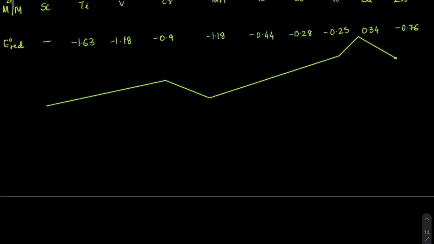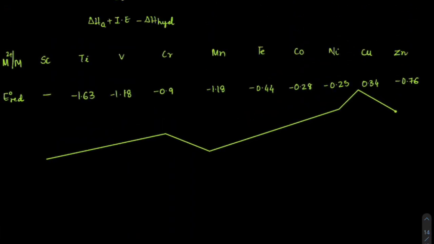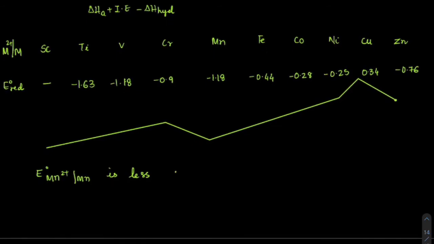First, let us discuss the manganese part, right? So you can see why manganese is happening. Mn+2 to Mn electrode potential, if you check, is less. Definitely it is less because it is supposed to increase from left to right, but it is actually suddenly decreasing. This comes with the fact that delta H atomization is less for manganese.